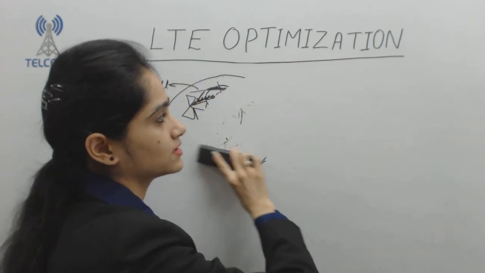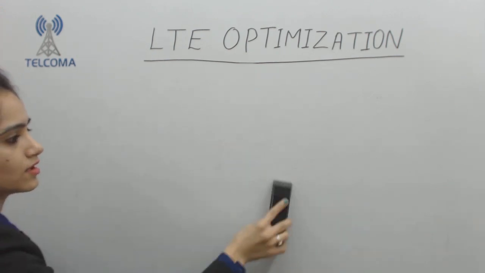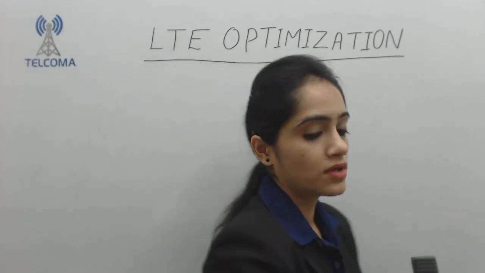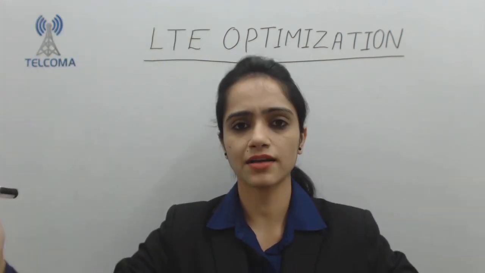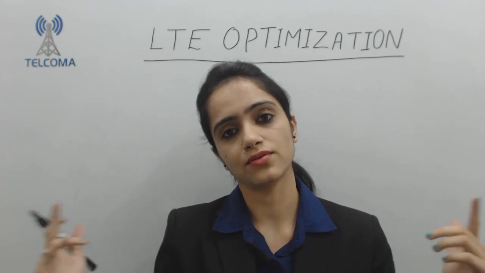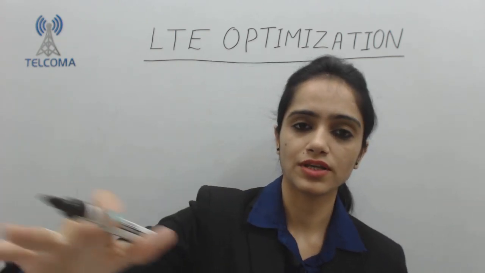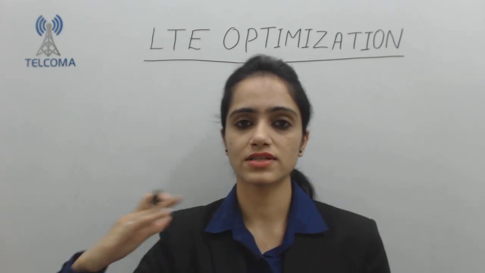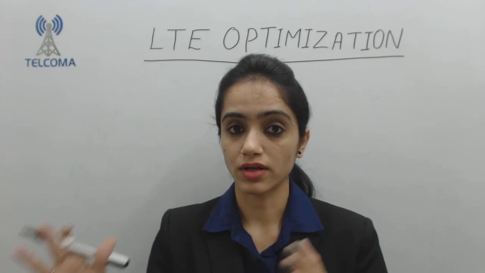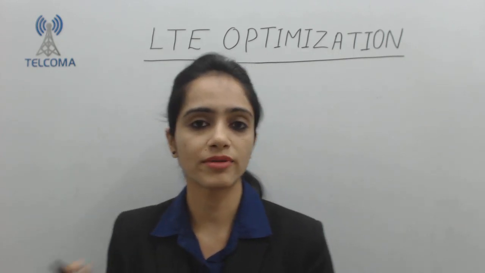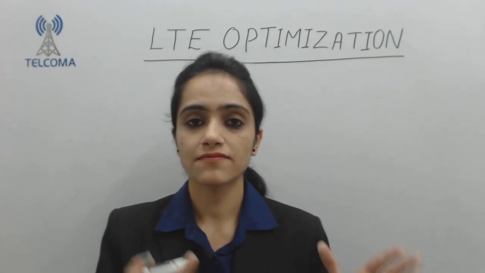Now you have to cover the full market, so that your market, meaning the whole area which is allocated to you, or where you have provided coverage, is covered. That means we require to monitor and check all handovers in a market, and whether my network is working properly or not.